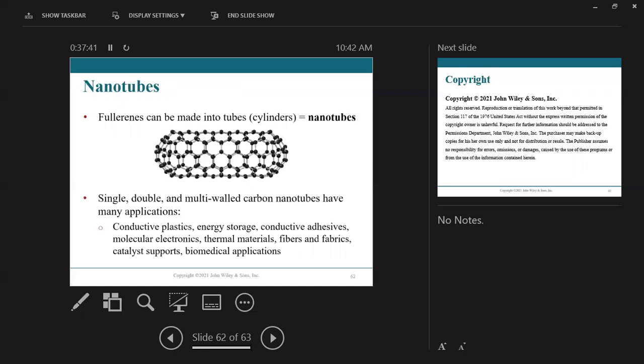It says fullerenes can be made into tubes. So this was a big thing right here, carbon nanotubes.